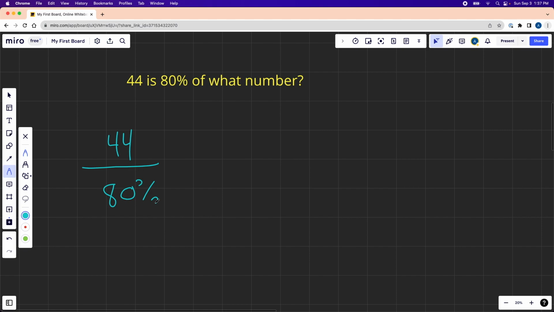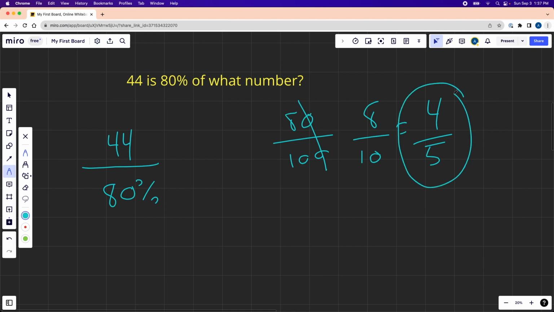All right, and then we're going to convert 80% into a fraction. So any number converted into a fraction is just that number over 100. All right, we should be able to cross out the zeros here, and now it's 8 over 10, and now divide both sides by 2, and that's going to be 4 over 5. So 80% is the same as 4/5.